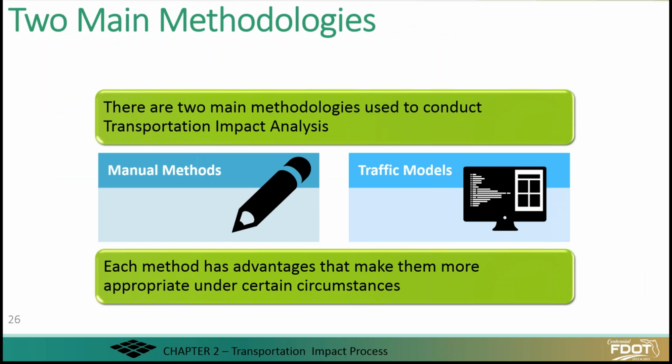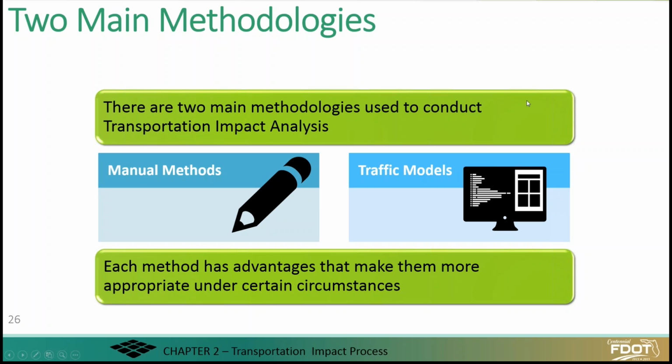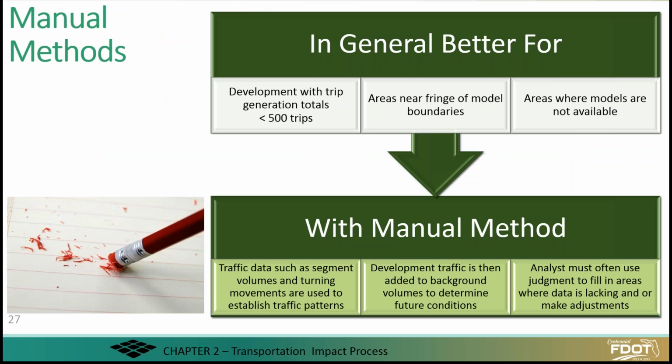The other method is to use a traffic model that automates a lot of that activity and does it on the computer for you. Each method has advantages that make them more appropriate under certain circumstances. We hope that through this discussion you will come to recognize when it is more advantageous to use manual methods and when it is more advantageous to use the travel models.